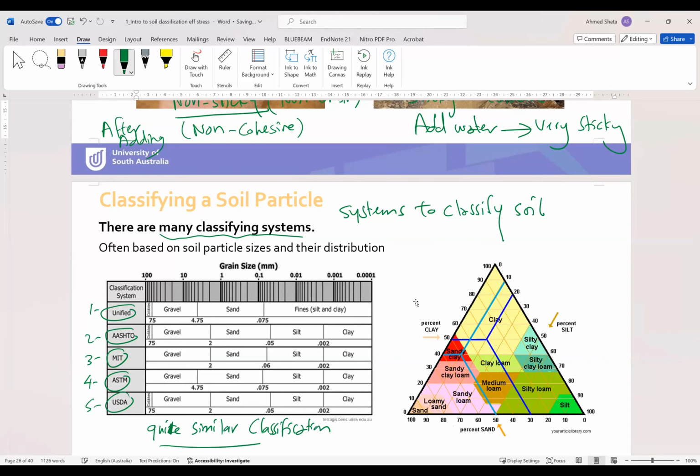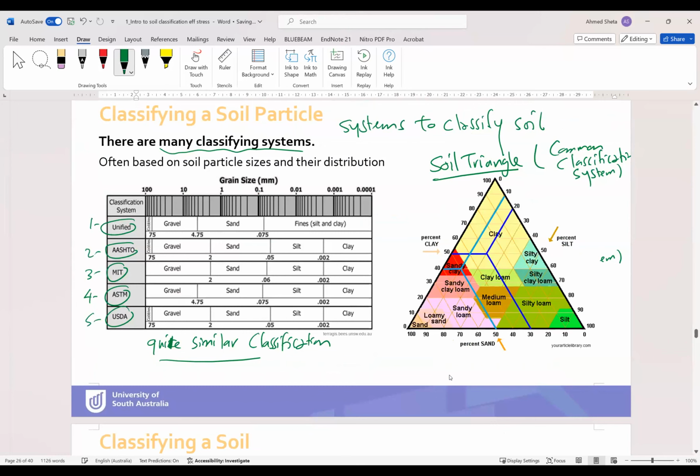We also have another classification system called the soil triangle. The soil triangle is also a common classification system. Here we can do an example of how to classify using this system.